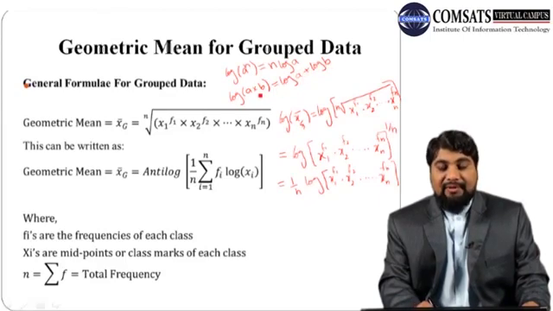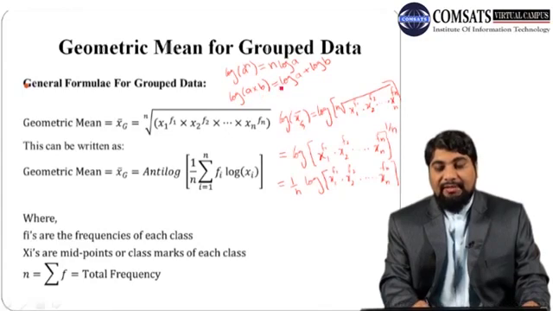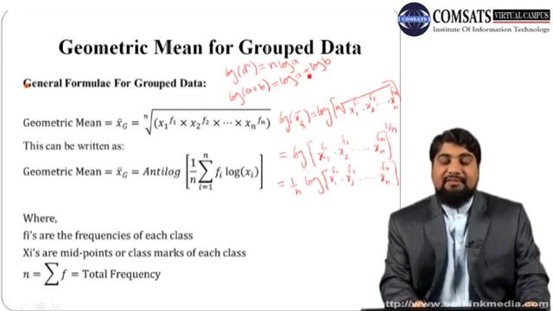But here, if we have the division sign instead of this multiplication sign, then we write it as log a minus log b. So in case of multiplication, the rule is that it is log of first number plus log of second number. But if we have the division sign here, then log of first number a minus log of second number.